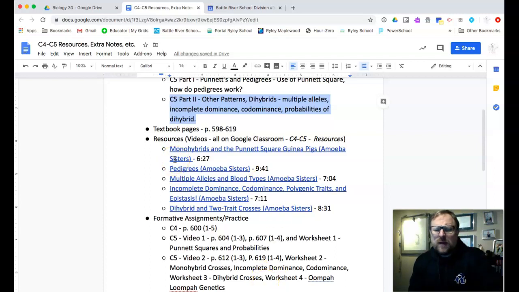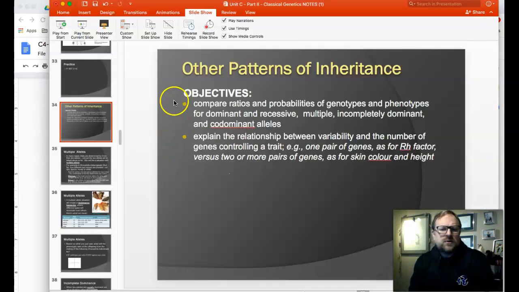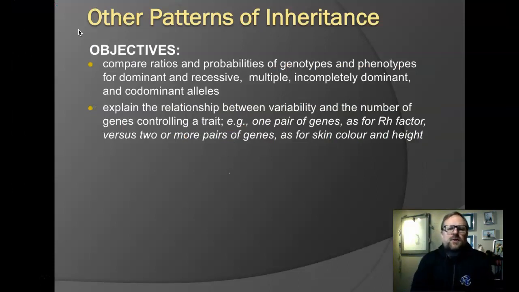So without any further discussion, I'm going to jump ahead into this section of concept C5, which is other patterns of inheritance. We should have a pretty good handle on the terms dominant, recessive, genotype, and phenotype.